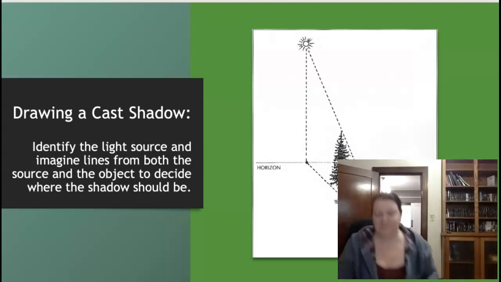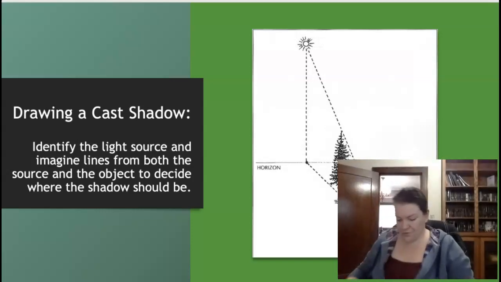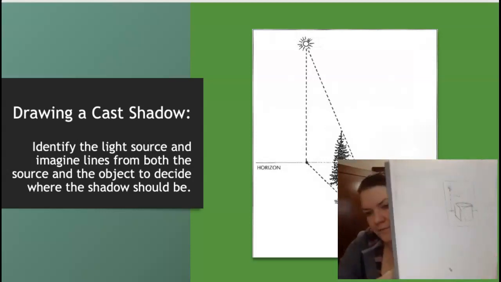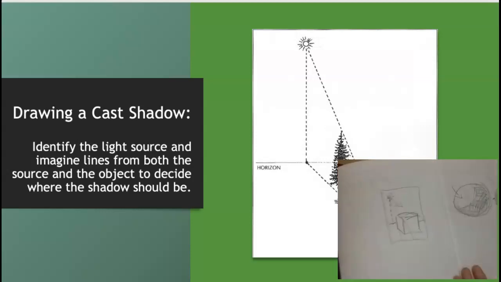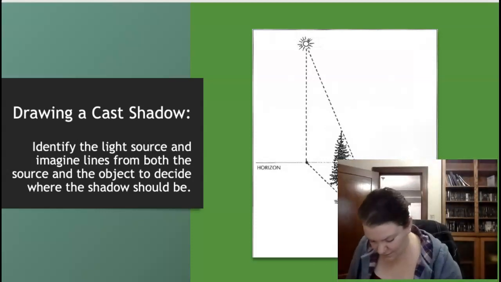So then you need that straight line that you drew down from the light source to your horizon line, and you're going to connect that with the bottom 3 corners and draw a line straight through those.